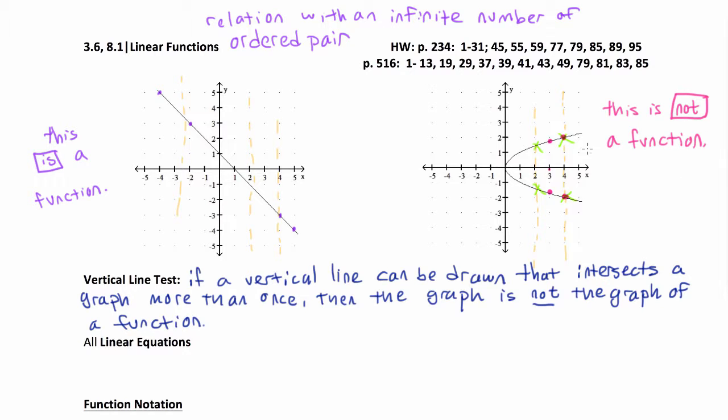So here, this graph, I can draw all these vertical lines. Every vertical line I draw intersects it at most one time. This passes the vertical line test.